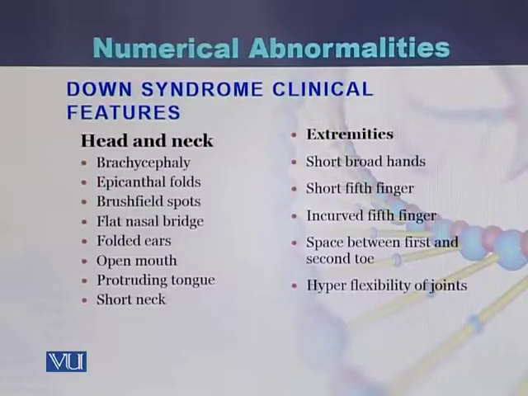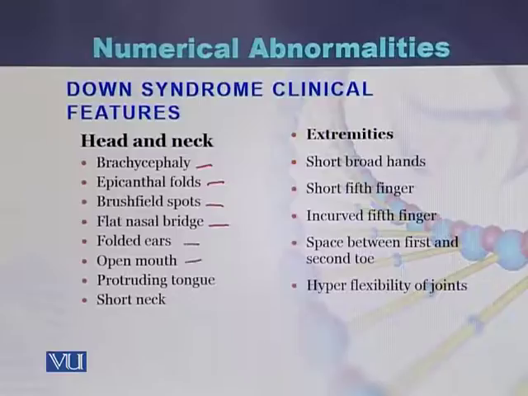The details of all the clinical features in case of head and neck, as well as in case of extremities. In case of head and neck, we can see brachycephaly, epicanthal folds, Brushfield spots, flat nasal bridge, folded ear, open mouth.